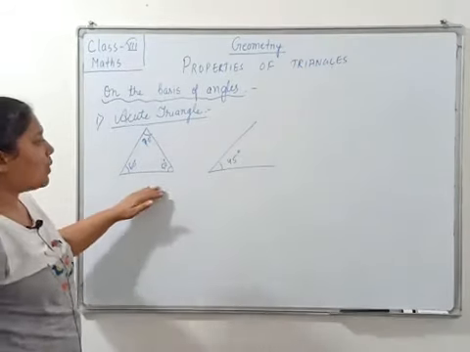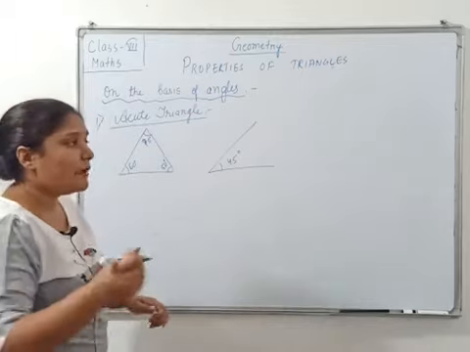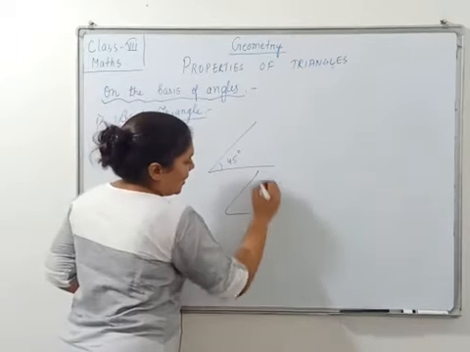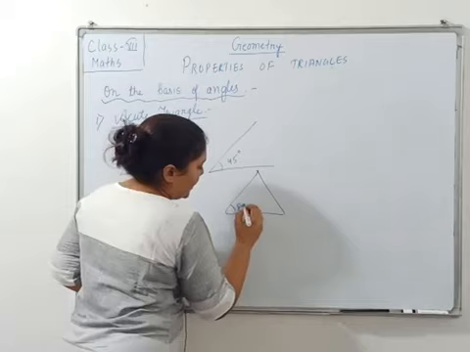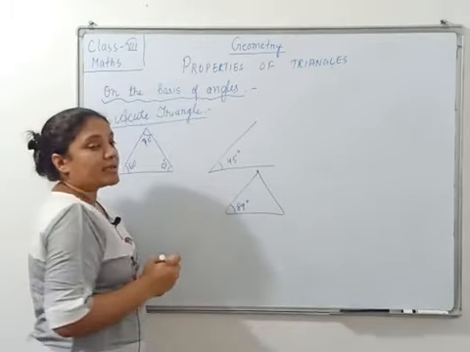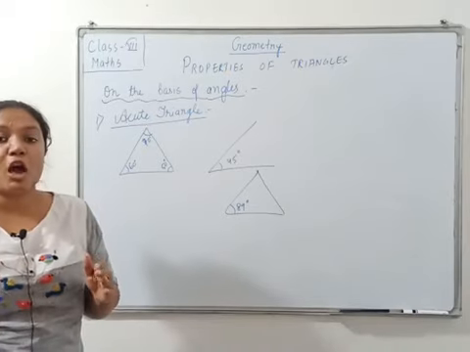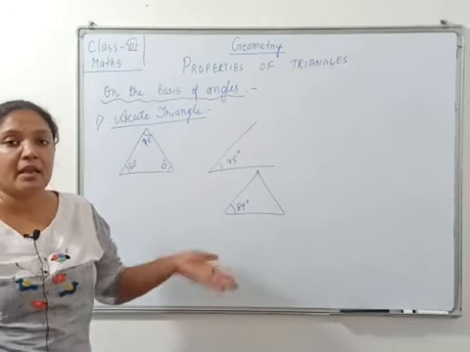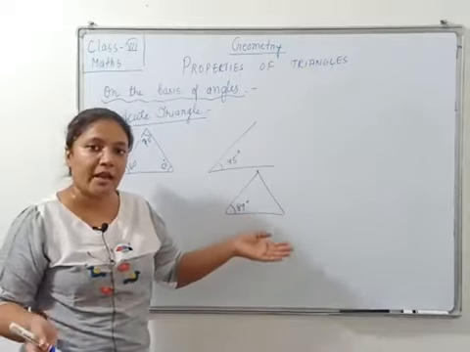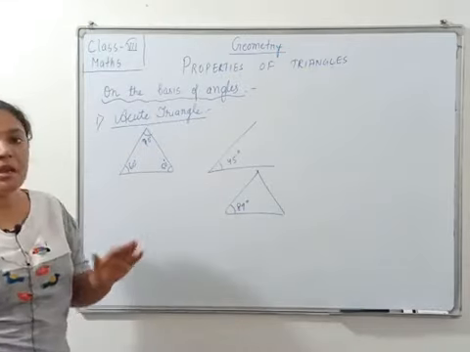Now one thing, if I make one angle like this and one angle is 89 degree also, then also it will be considered as acute angle. Remember this thing, students. It should not exceed 90 degree. If it is 90 degree or more than 90 degree, then it will not remain acute angle.